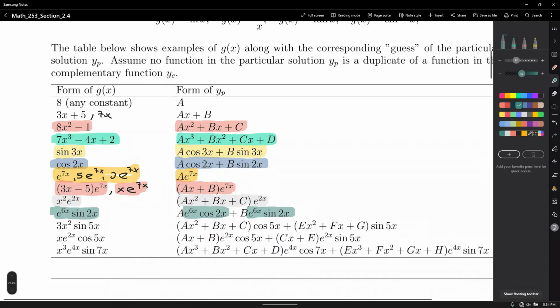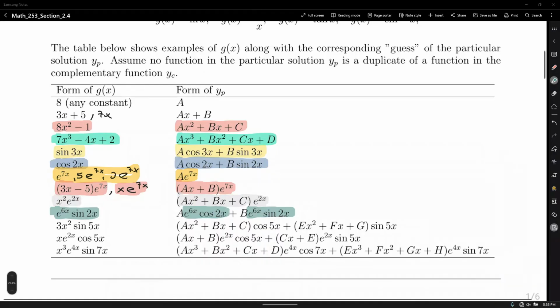Nothing, so to speak, but there's an invisible one. That one, it's a constant, right? It's a constant polynomial or degree 0 polynomial. All right, so here we have that constant multiplying the exponential cosine, and then another constant multiplying the exponential sine.